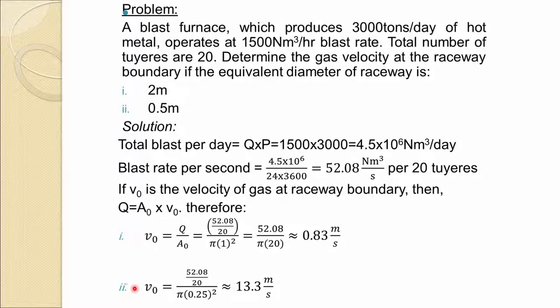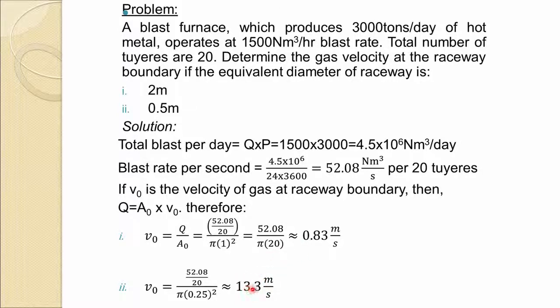The same calculation for the second case comes to 13.3. So, it is more than one order of magnitude higher than the previous case. So, you can understand how much difference it is going to make.